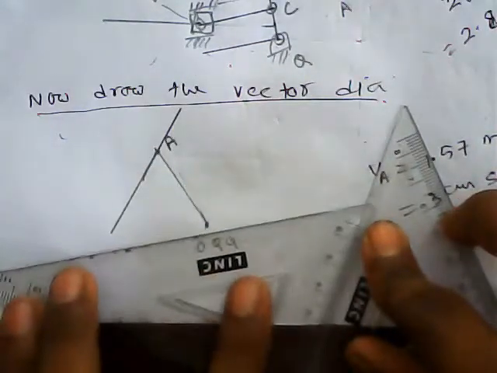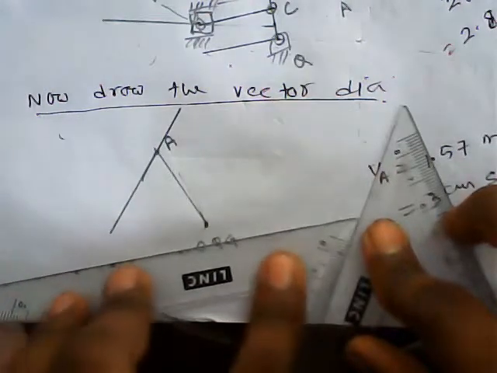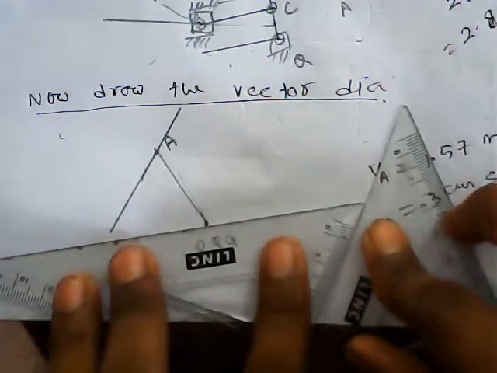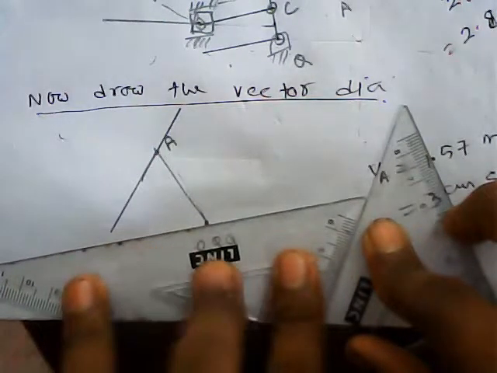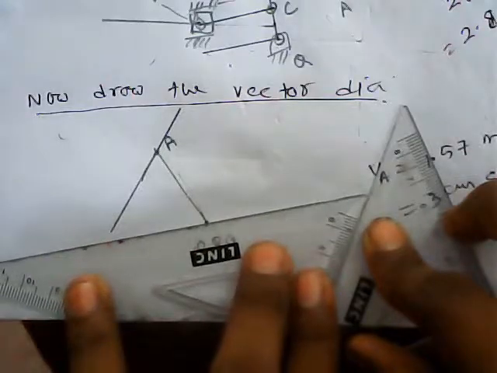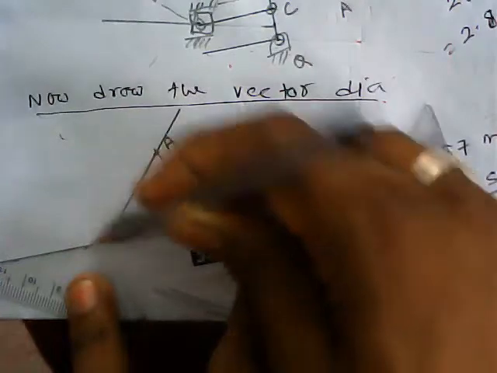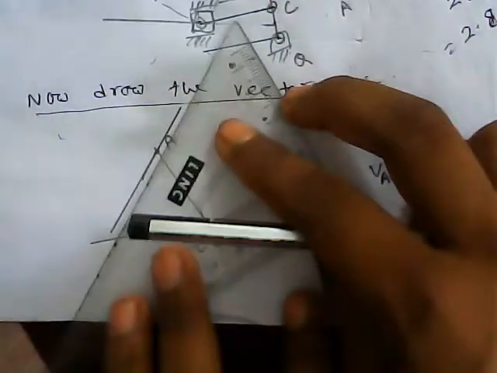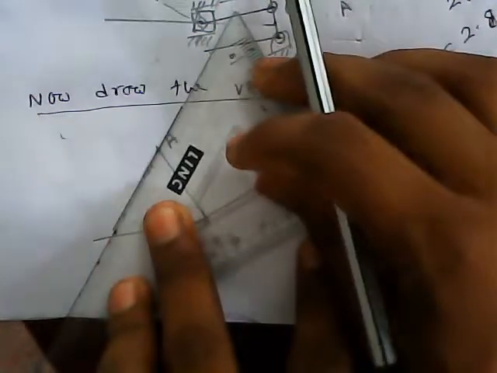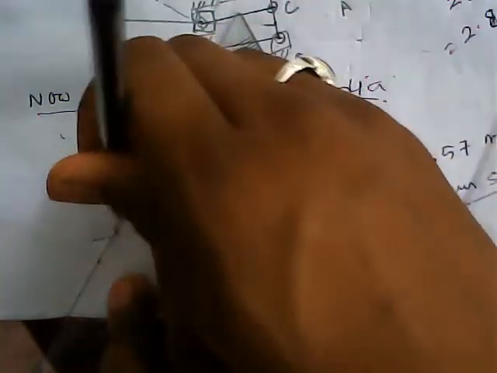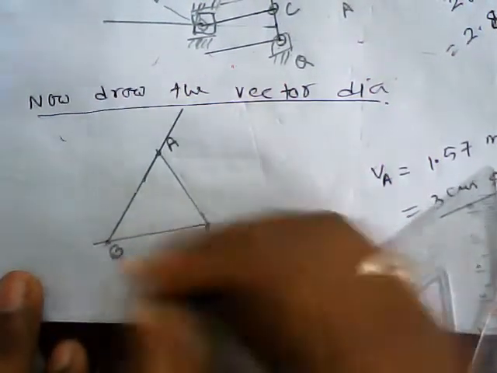This parallel line from Q in velocity diagram. So this point is B.